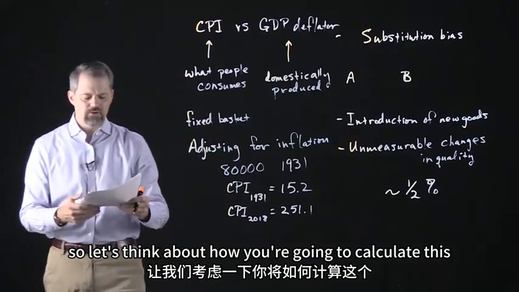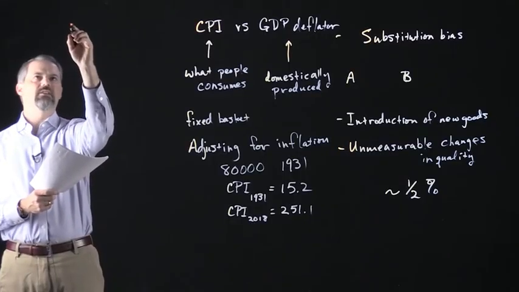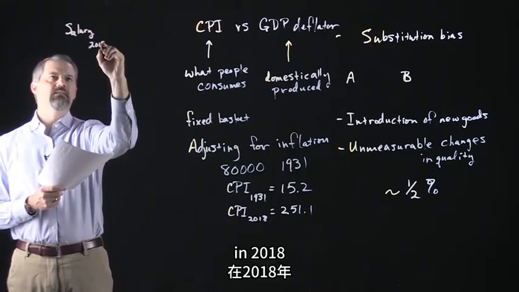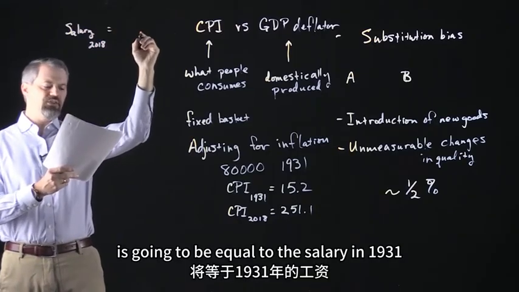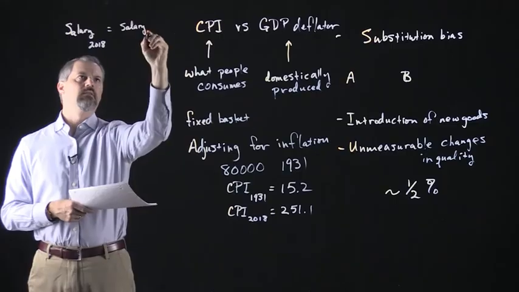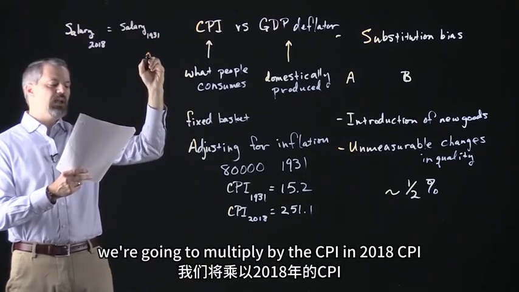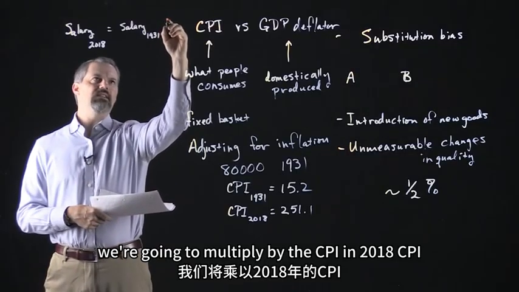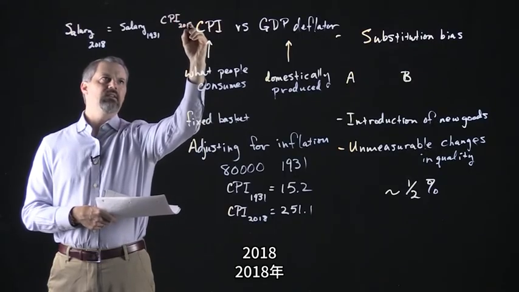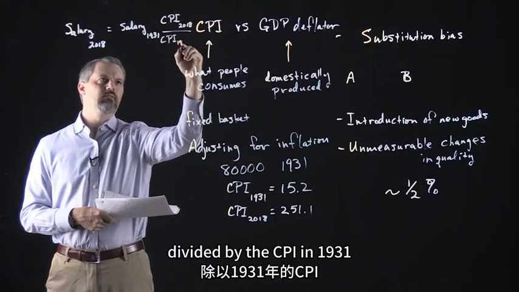So let's think about how you're going to calculate this. The salary in 2018 is going to be equal to the salary in 1931, which we're going to multiply by the CPI in 2018 divided by the CPI in 1931.